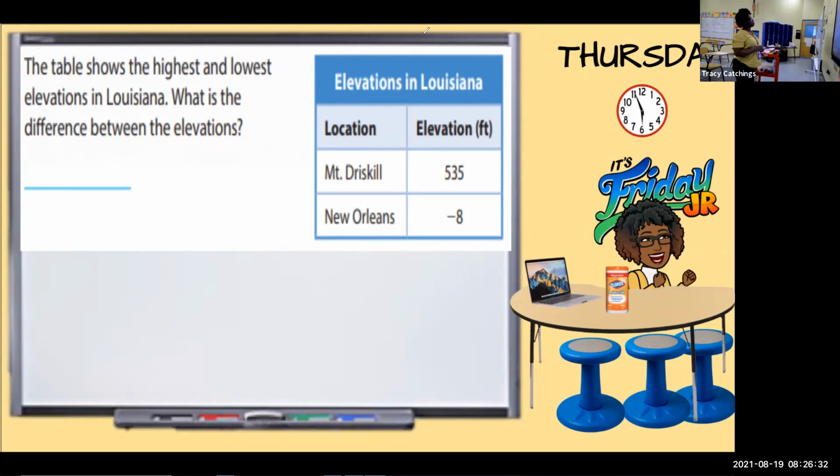It says the table shows the highest and lowest elevations in Louisiana. What is the difference between the elevations?